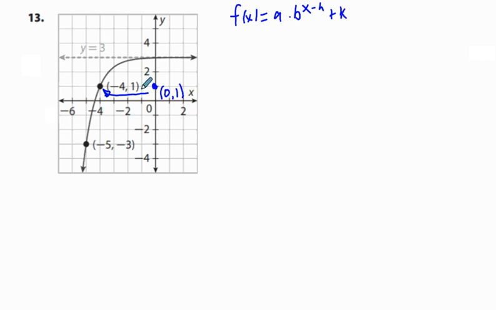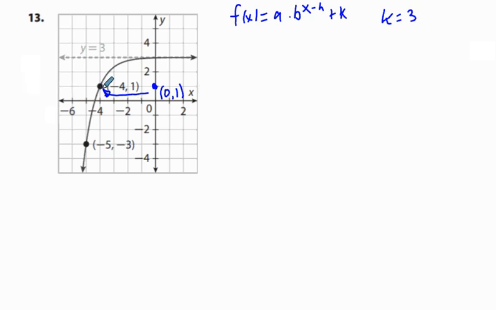And really, based on what we see here, k is going to be equal to your horizontal asymptote, so k is equal to 3.